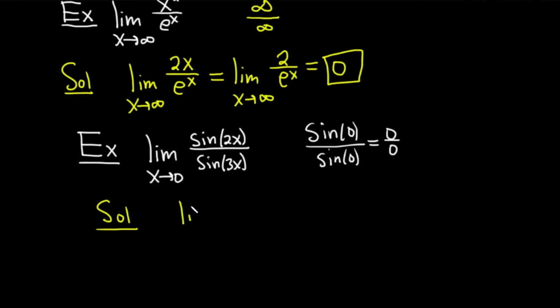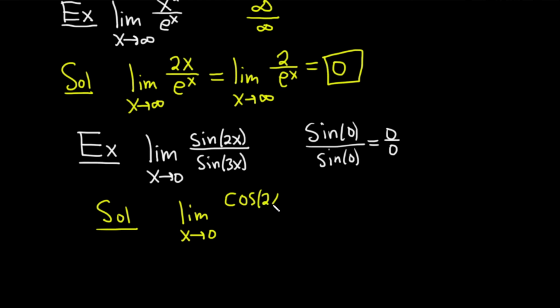So this is the limit as x approaches 0. So the derivative of sine is cosine, but here we have the sine of 2x. We have an inside function, so we have to use the chain rule. We take the derivative of the outside, so we get cosine of 2x.